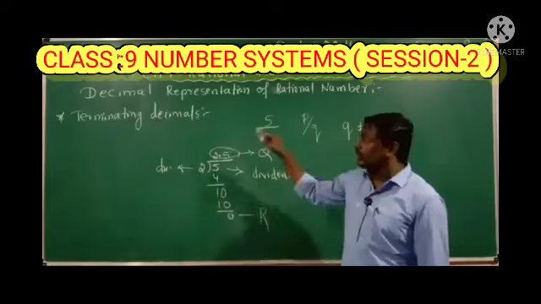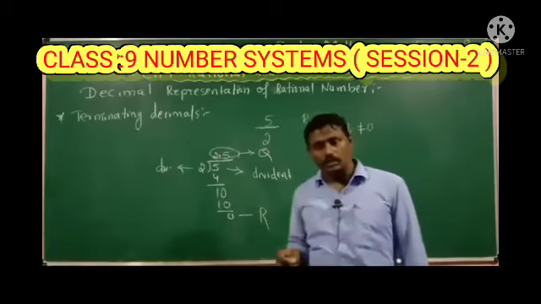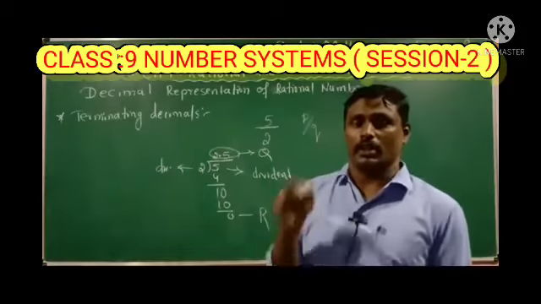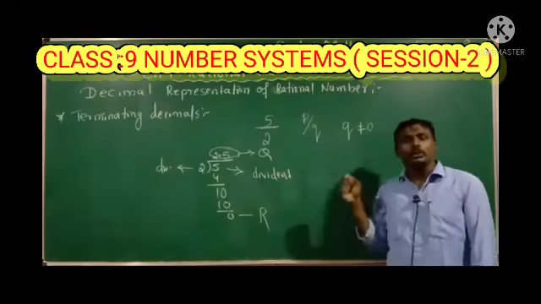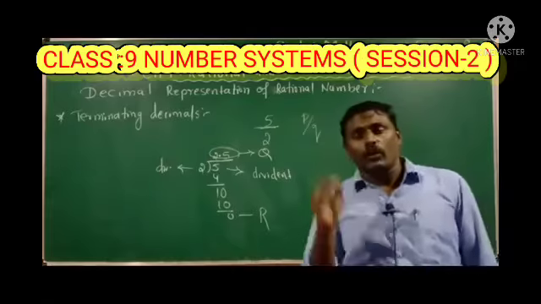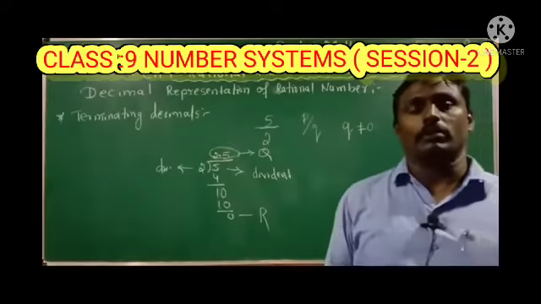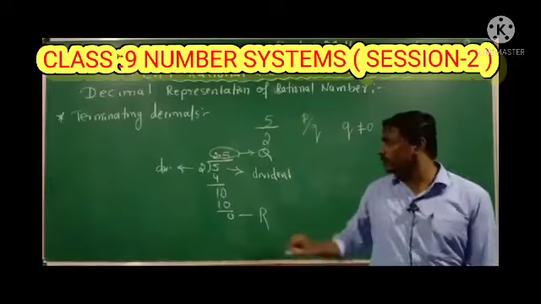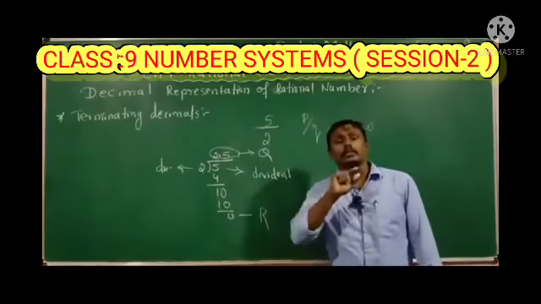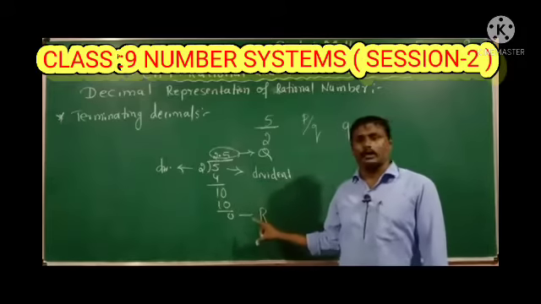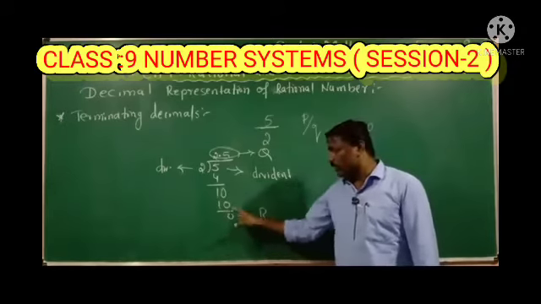Here, terminating means whenever a fraction or a rational number in the form of p by q is simplified, it terminates completely. It means there will be no remainder left. Here the remainder is 0.